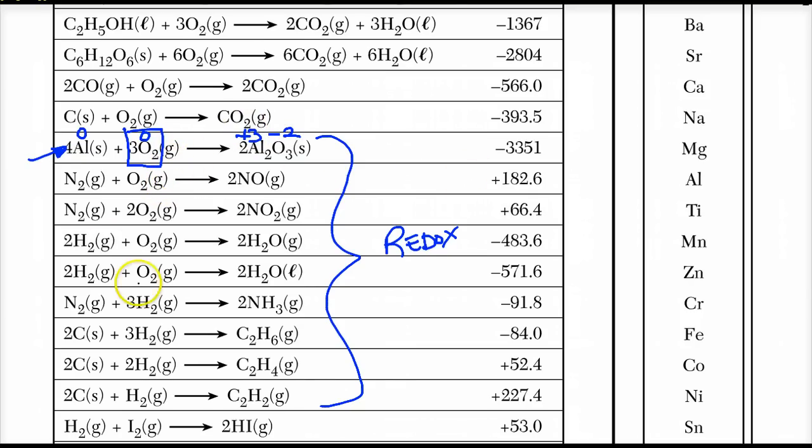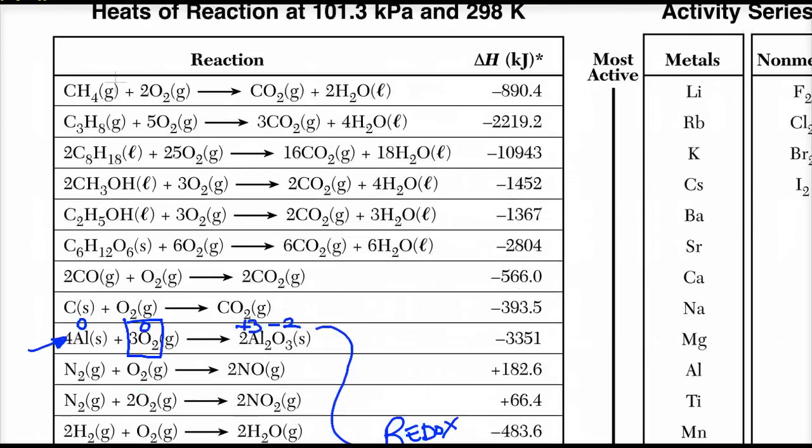So all you have to do to identify a redox reaction is find yourself an element bonded to itself or an element hanging out by itself. There's zeros, which means they're, in this case, starting at 0, and they become something other than 0. That means their charges are changing. Electrons are passed around. Notice I said this was combustion, my friends, in chemistry. It's also redox. Look at this oxygen.